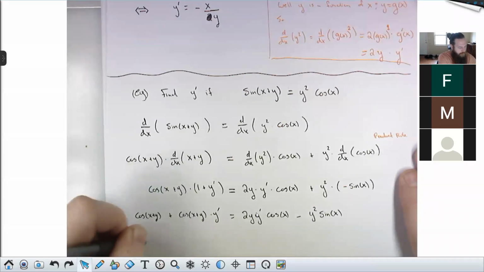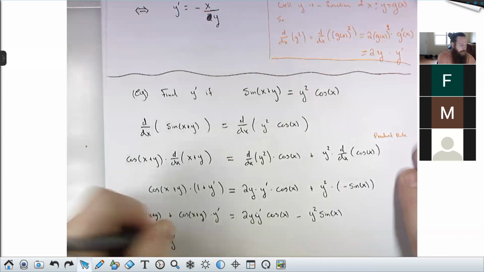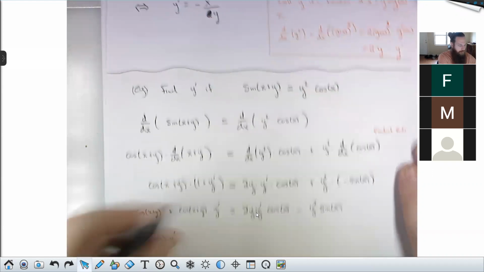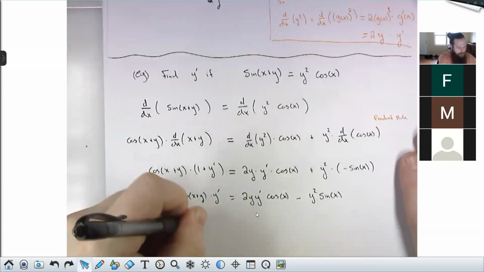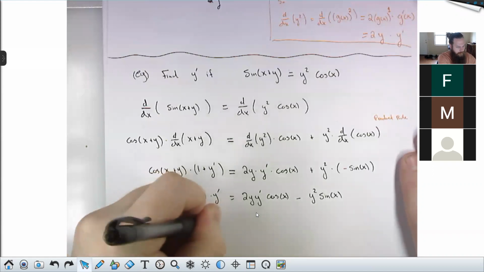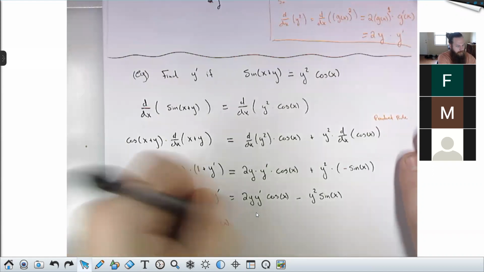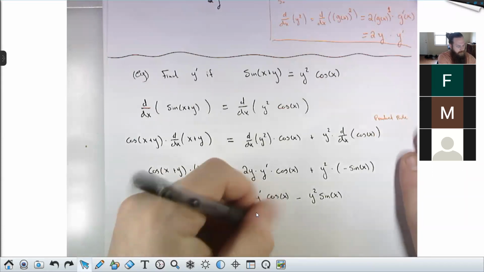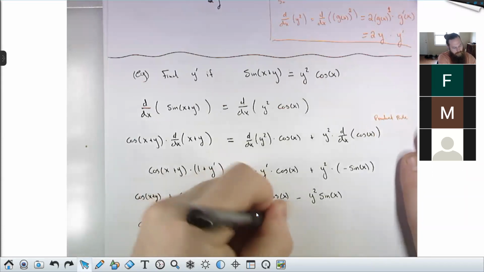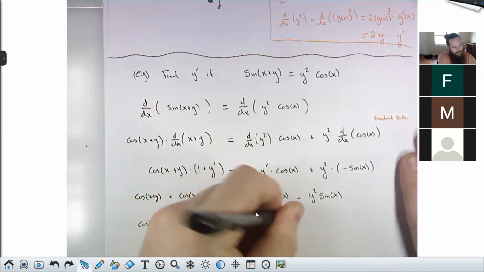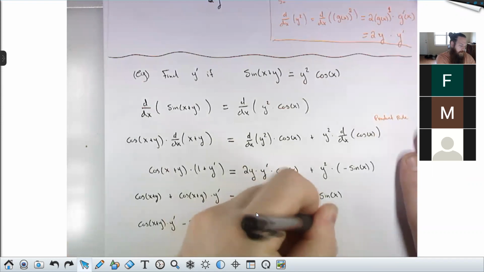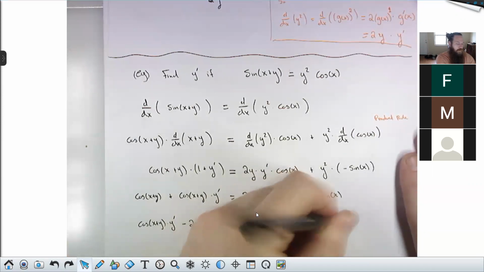So I'll get cos(x plus y) times y prime, that's this term which I'm leaving over here, minus this term, equals, I'll have my negative y squared sine x, and then this term that I'm subtracting over, minus cos of (x plus y).